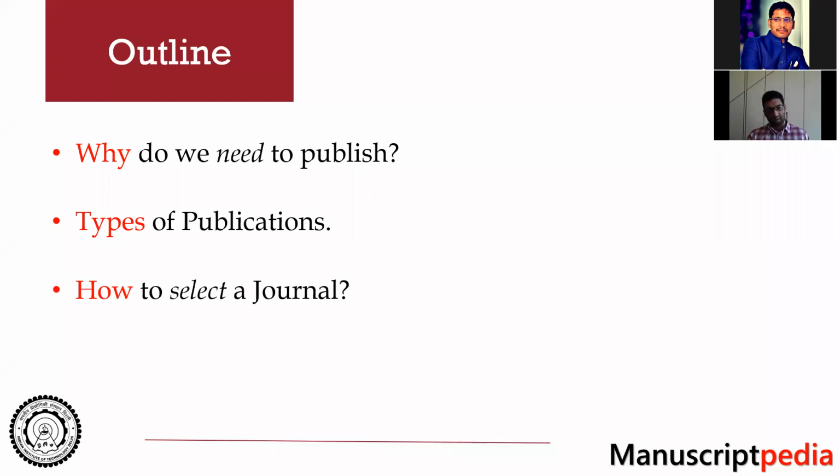Then it is very, very important to know how to select your journal. Today, in any search engine, if we enter "I want to publish a paper," you will be bombarded with results.